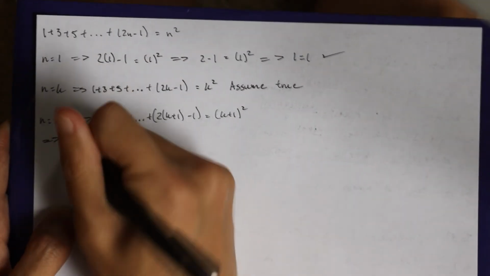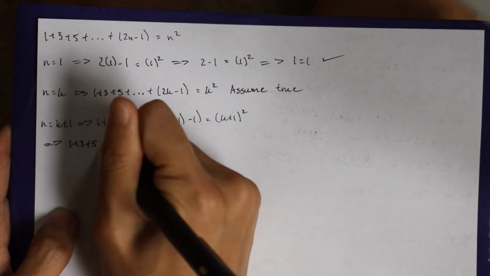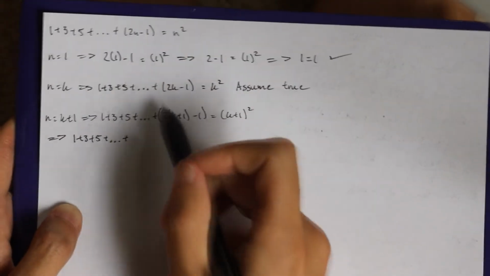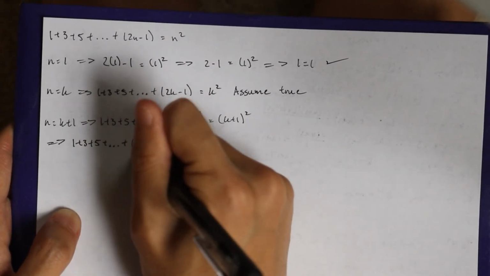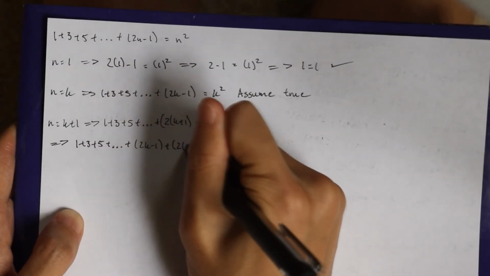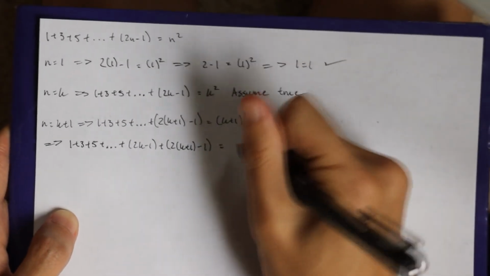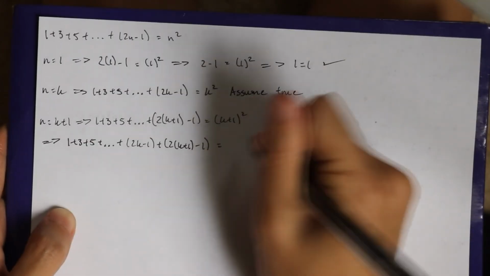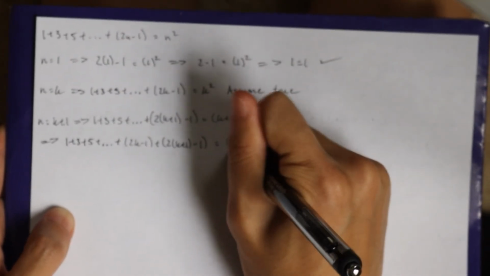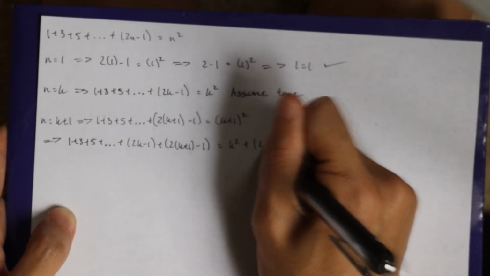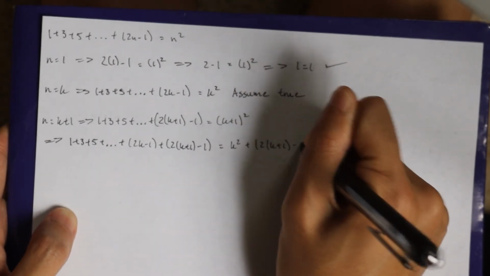So using the induction hypothesis, what we have is right here: 1 plus 3 plus 5 plus dot dot dot plus 2k minus 1, then add this term to both sides, plus 2 times k plus 1 minus 1 is equal to, use this, k squared, then add this same term here to the other side, so 2 times k plus 1 minus 1.